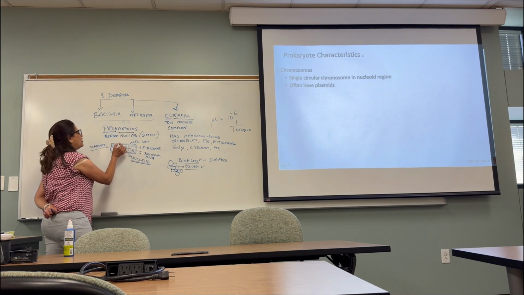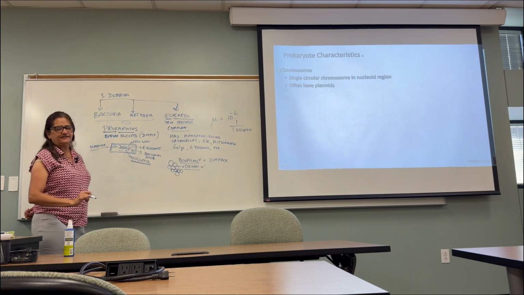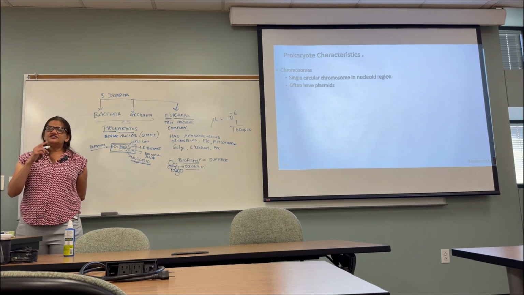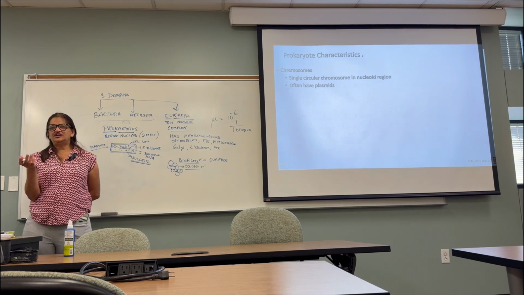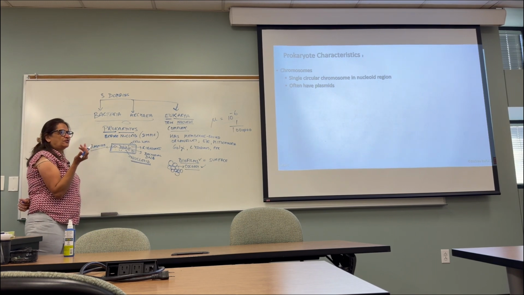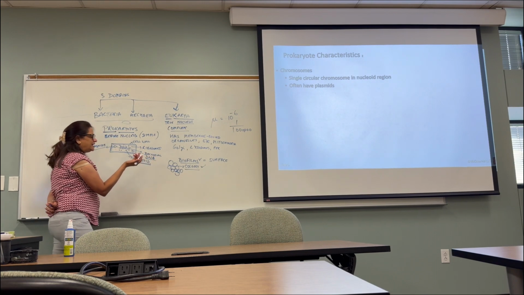This is the nucleoid region, the region in the center, and there is just one single circular bacterial chromosome. Chromosomes are made up of DNA, so you can also call it DNA.